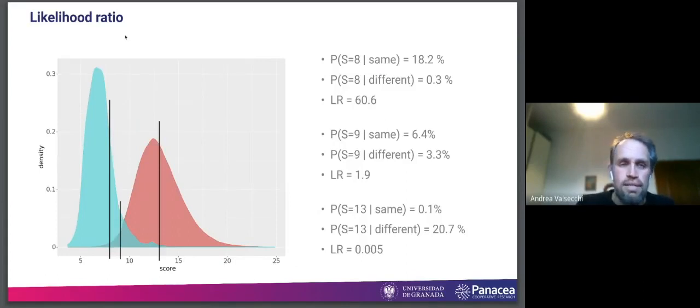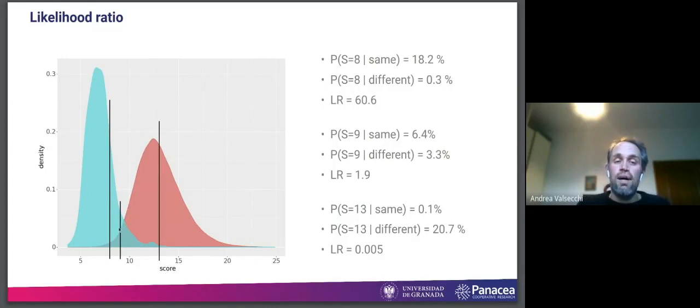For instance, let's start with 8, which corresponds to this horizontal line. We can see that the probability of scoring 8 when we are dealing with an overlay of the same person is almost 20%, while with different materials, this is just 0.3%, which gives us a large likelihood ratio value.